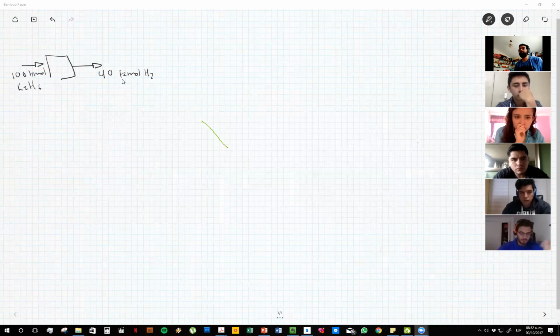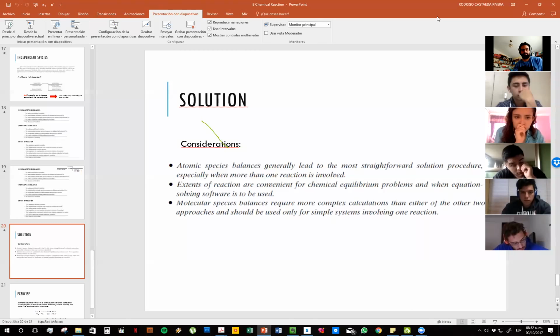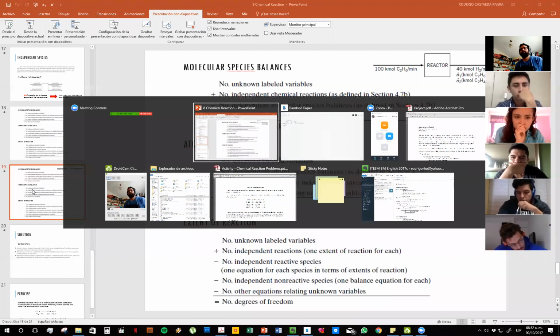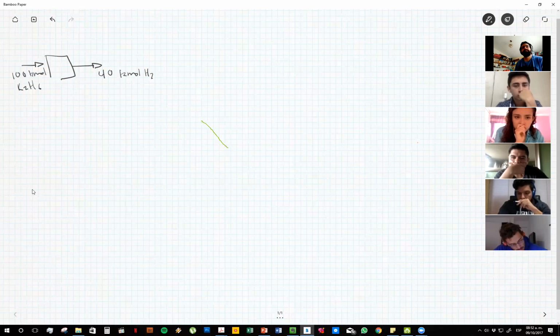Just let me remind which one was N1 and N2. N1 was the amount of C2H6 that remained in the system, and N2 was the amount of C2H4 that was produced or was decomposed, right?